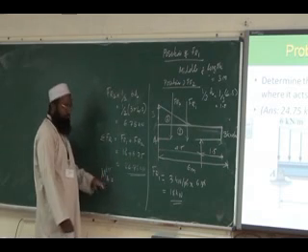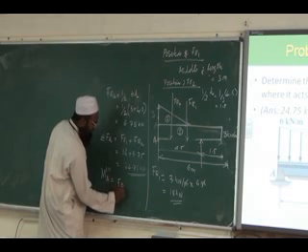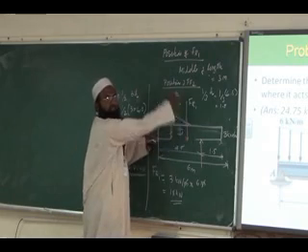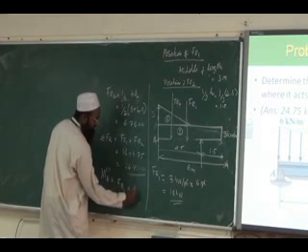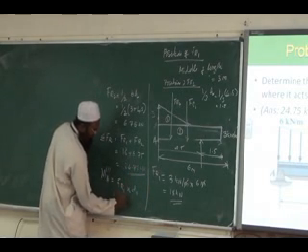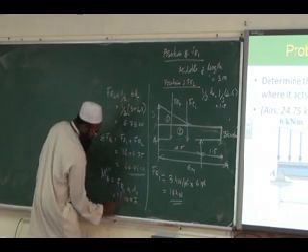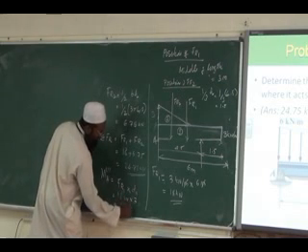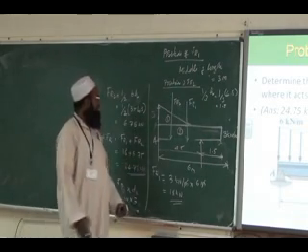The moment of force 1 about point A can be obtained as FR1 times its perpendicular distance, 3 meters. So T1 I write as 18 kilonewton times 3, which is 54 kilonewton meter.